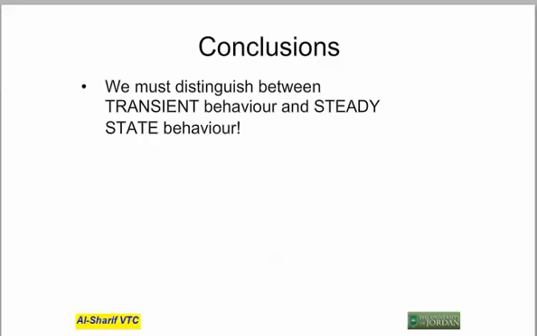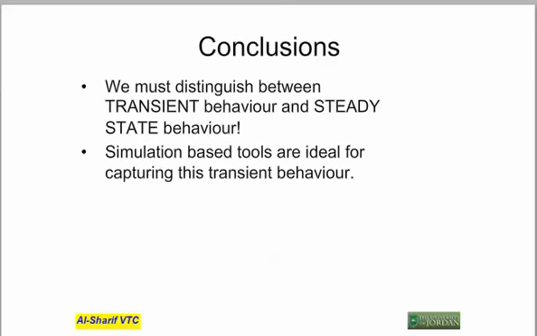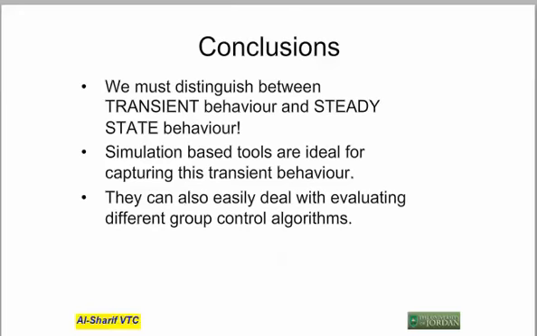We have to distinguish between transient behavior and steady-state behavior. Simulation tools will let us see how transient behavior takes place, how it moves, but calculation tools will let us know what steady state we actually arrived at eventually. So simulation tools are ideal for capturing this transient behavior.